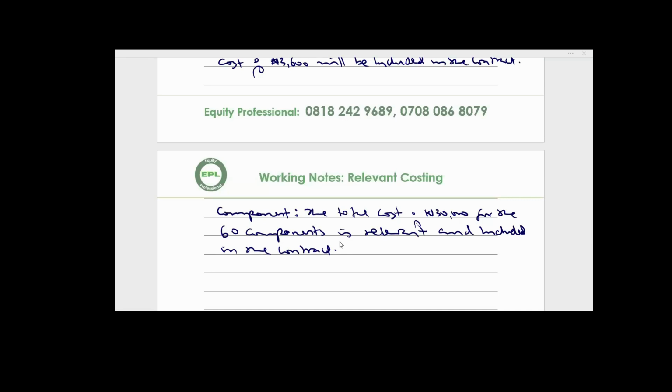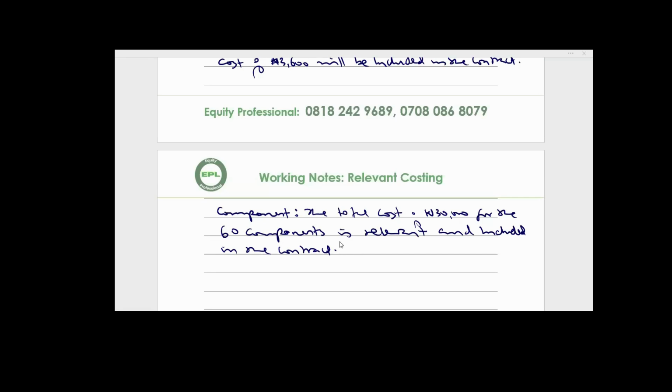The labor cost for the employees will be incurred whether this project is executed or not. That 110 naira per hour is irrelevant. But the examiner is now telling you that the additional hours required, that 165 out of the 240, since 75 is spare capacity, will be sourced by either.